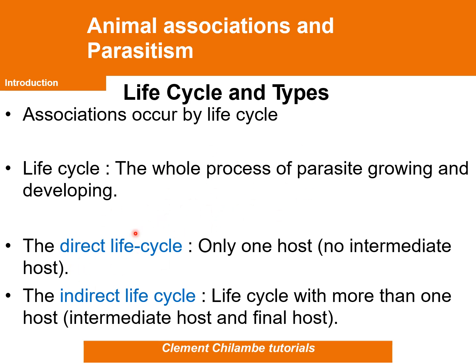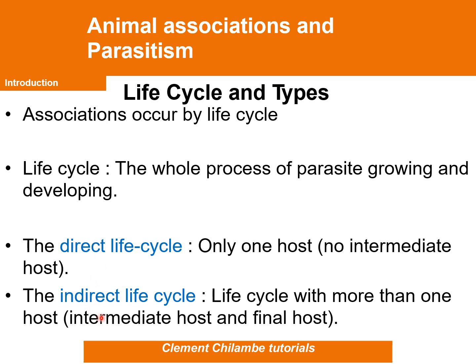So we have the direct life cycle, and in the direct life cycle, we mean that there is only one host. There is no intermediate host in the direct life cycle. Then we have the indirect life cycle.